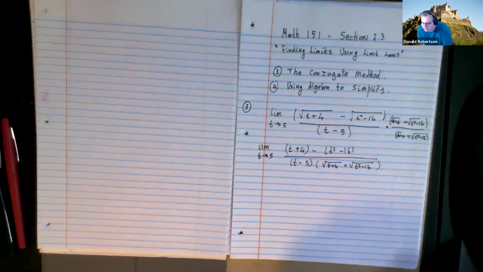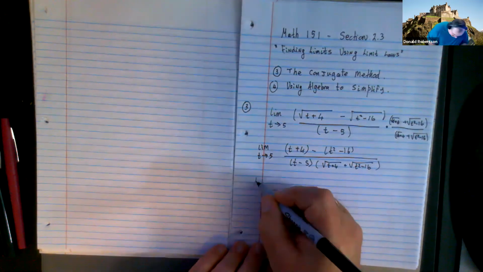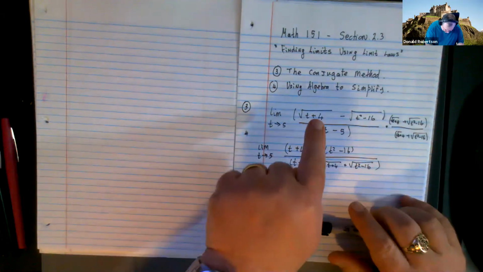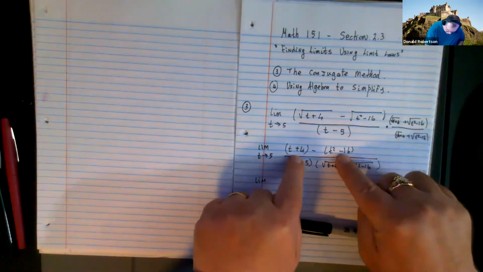There is no point in you foiling that out or distributing that. It would just look messy and it wouldn't help. Are we comfortable with first guy squared, take away second guy squared as a shortcut? Otherwise, do some foiling with some really ugly terms. But when you're finished, that's what you're going to end up with.